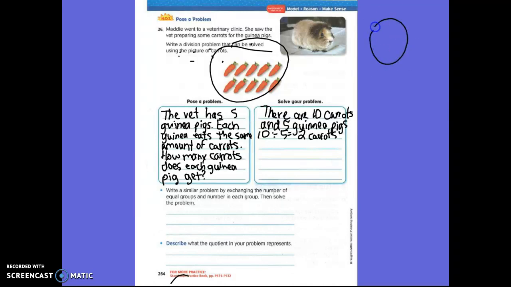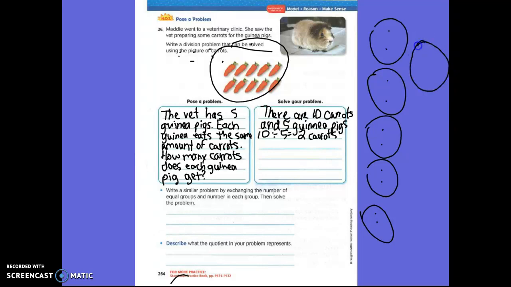Because you had 5 big groups for the 5 guinea pigs and then 2 carrots in each. They want you to change it. If I did the commutative property, what would my groupings be now? 2 guinea pigs and 5. Not 2 guinea pigs, but 2 big groups with 5 in it, right?